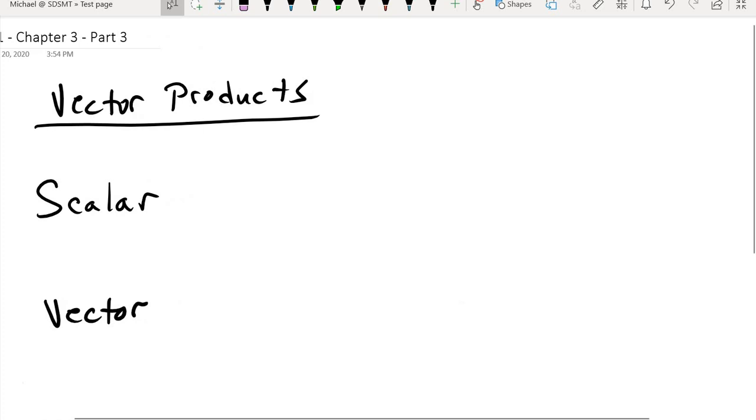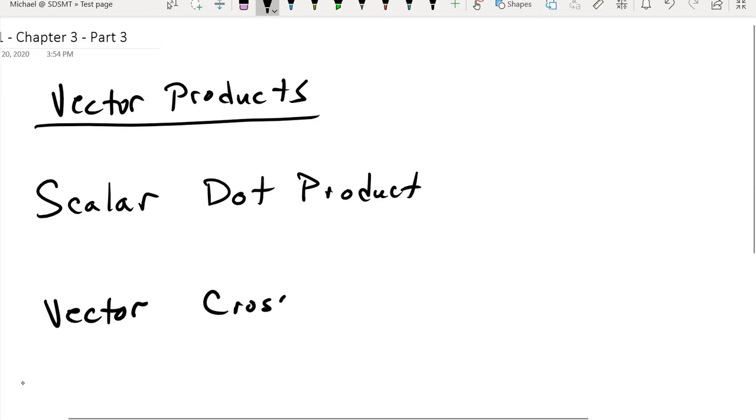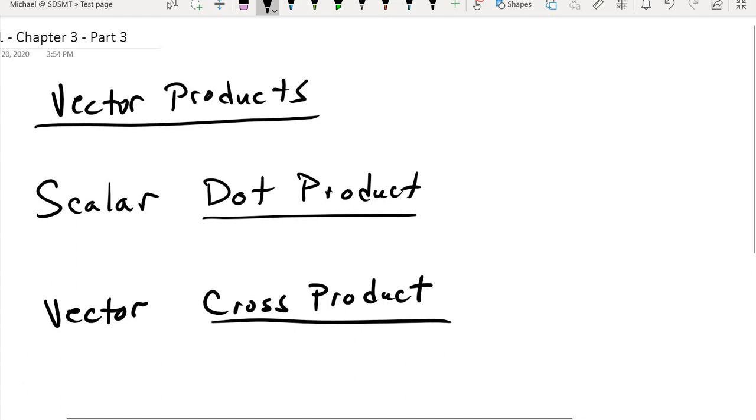These two methods are what we call the scalar dot product and the vector cross product. Usually in a math class or some other class, these will be shortened to just dot product and cross product. But the full name of each method is the scalar dot product and the vector cross product.